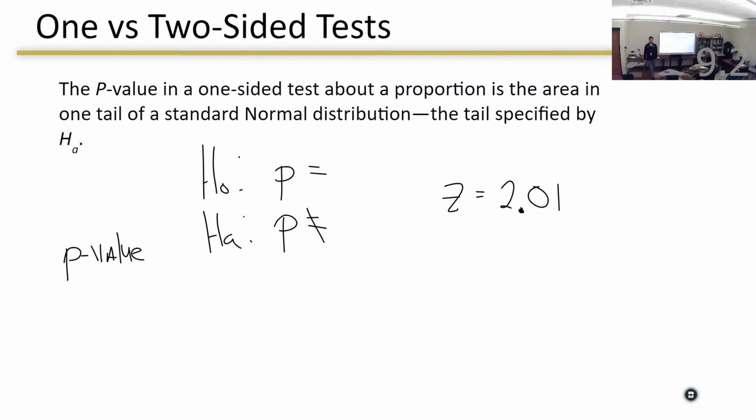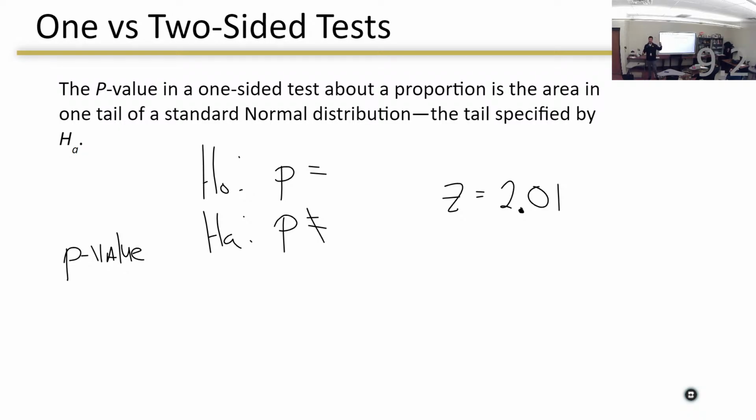But you have to do something else after that, because that's not the answer, right? Because this is a two-tailed test, and if you go from 2.01 to 9999, I've only done one tail. Fair enough? So when you see that, you have to double it to get both tails.